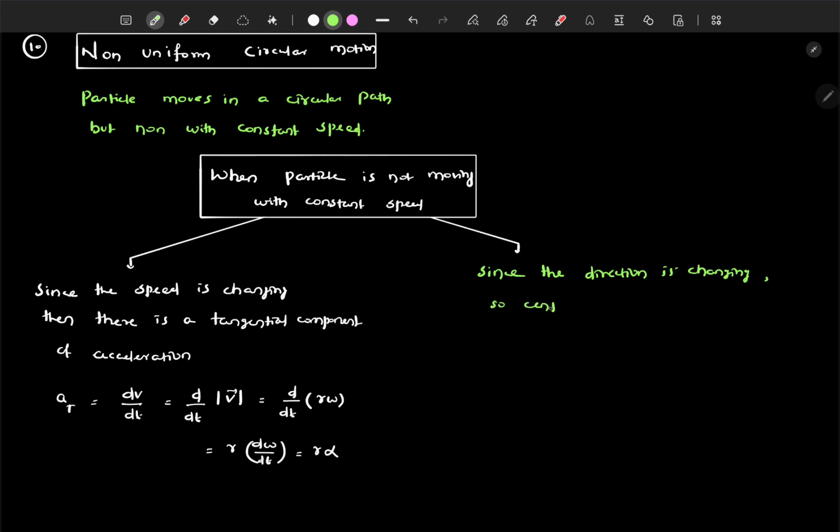So centripetal acceleration exists, whose value will be a_c equal to v square by r.